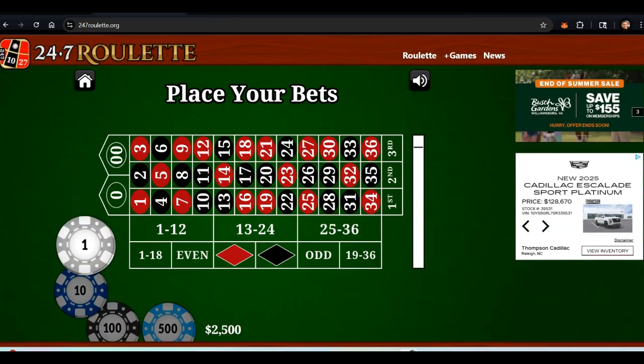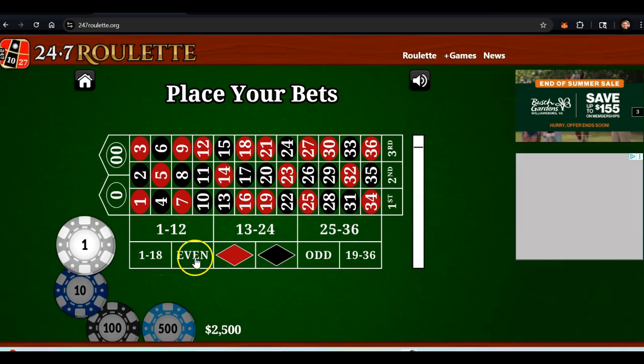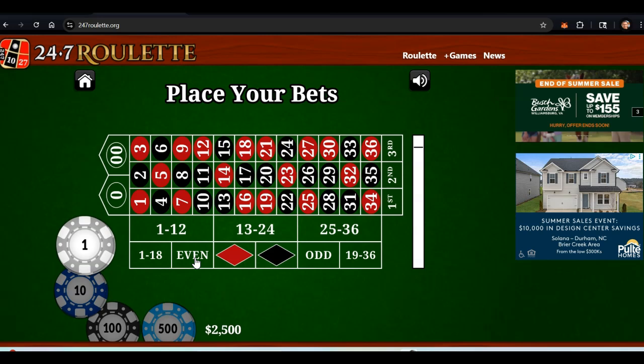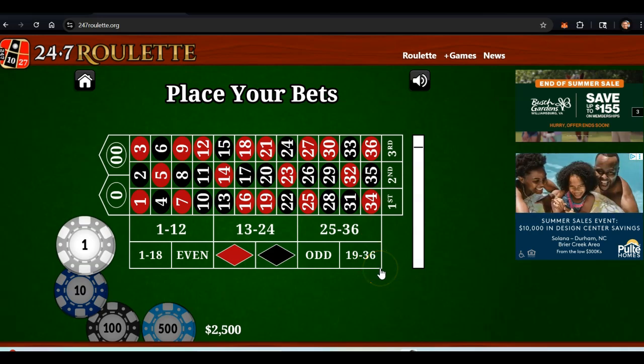So for anybody that doesn't understand what I'm saying, here it is. If our first result does fall into the 1 through 18, what is the chance or probability that the next one is going to be an even? And what is the probability of the next one being a red? And the next one being a black, and an odd, and a 19 through 36.